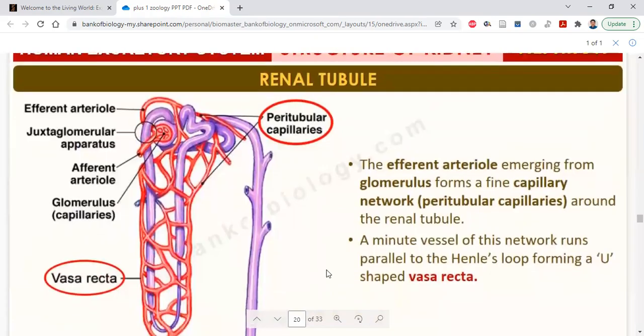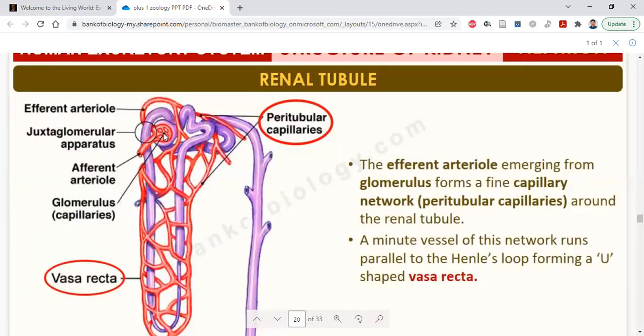And as I just said, this is the afferent arteriole. The blood enters the glomerulus through the afferent arteriole and comes out through the efferent arteriole. Here the major filtration takes place, so we can call it the filtration site. So this is the juxtaglomerular apparatus.